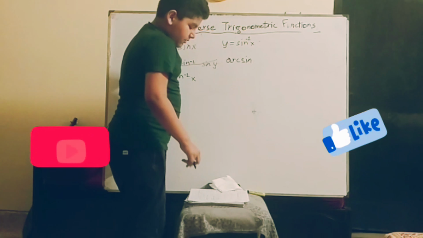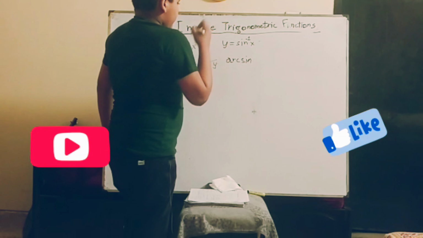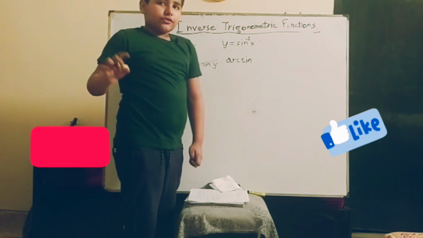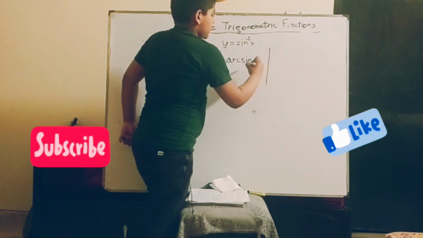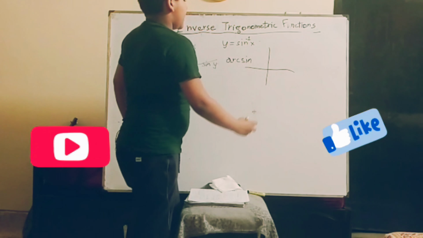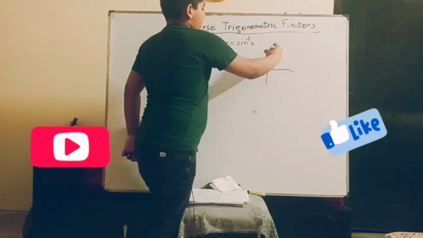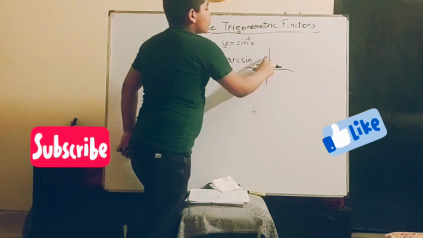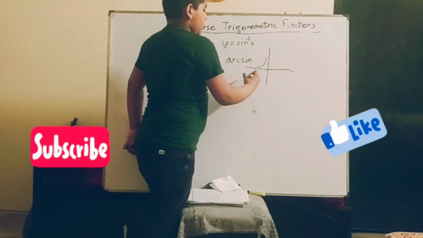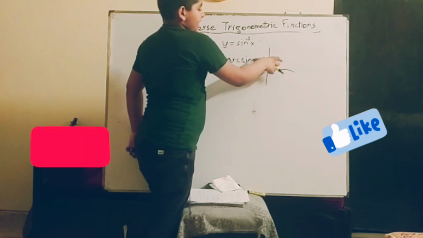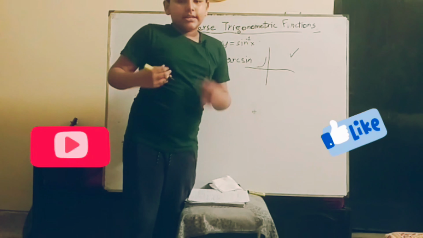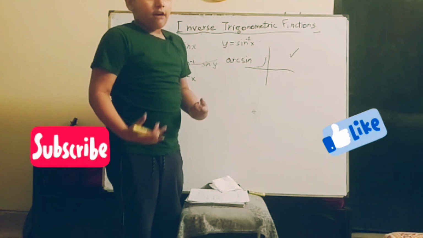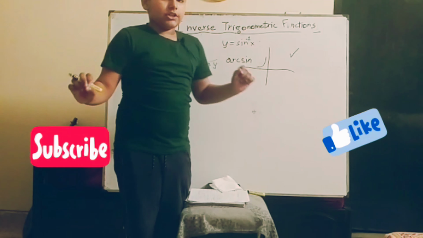Okay, so remember that any inverse function has to pass the horizontal line test of its original function. This is the original function and we need to pass the horizontal line test. If it passes, then we know that this specific graph has an inverse function.